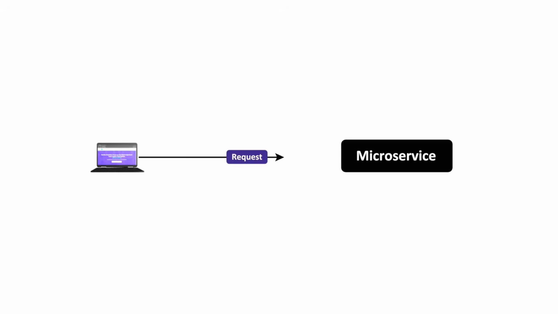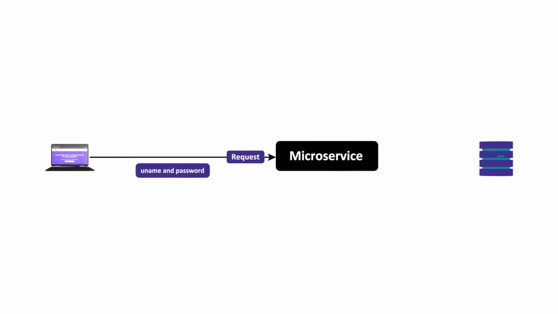For example, let's say I have a user, and the user is calling my microservice. Let's say it is sending a username and password here. When it comes to stateless, or a microservice, what we will do is validate the username and password from the database. I will just copy this database here. We will do this here, and then if the username and password are valid, we will create some token, like we will use JWT.